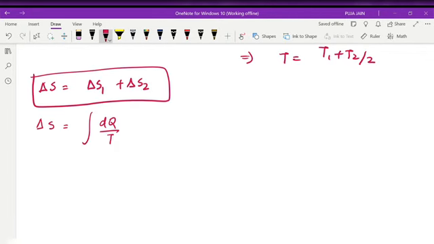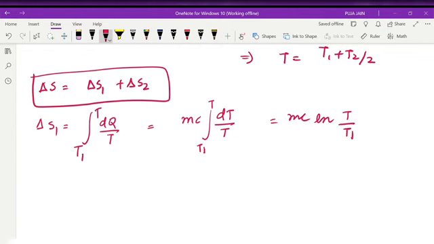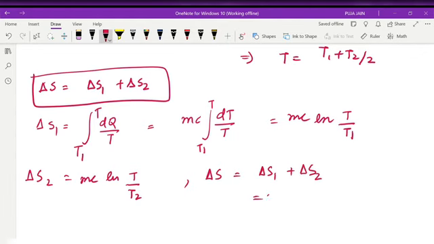Our temperature is changing from T1 to T, dq is mc dT by T. mc is constant, so integrating from T1 to T we get mc ln T by T1. Similarly, for delta S2 we get mc ln T by T2. Total entropy delta S equals delta S1 plus delta S2. So taking mc common, I get ln T by T1 plus ln T by T2.